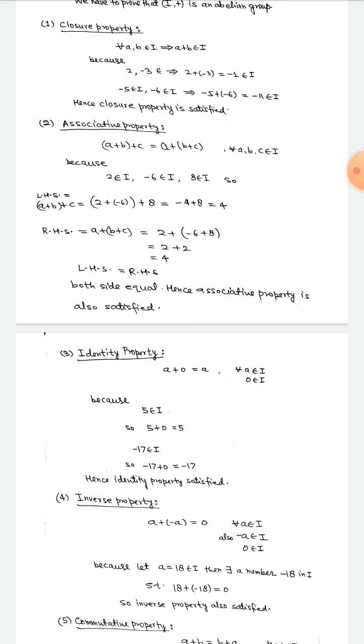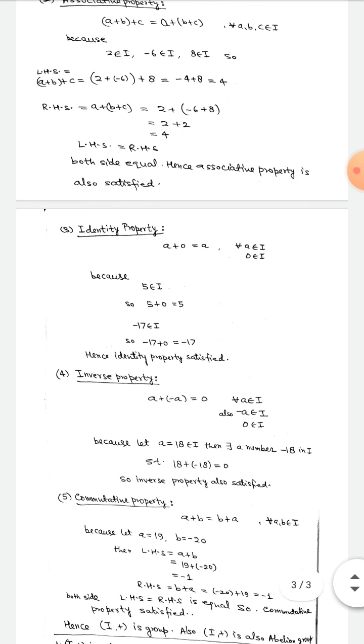Identity property: a plus 0 equal to a, and here a belongs to I. Now consider a equal to 5. Then 5 plus 0 equal to 5. So identity property is satisfied. The inverse property is defined as a plus minus a equal to 0.